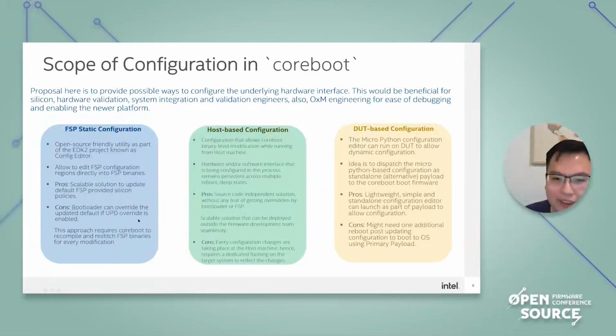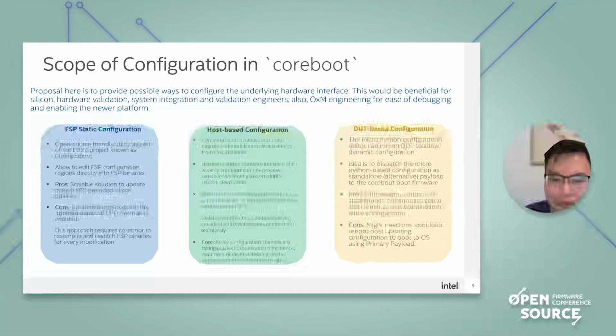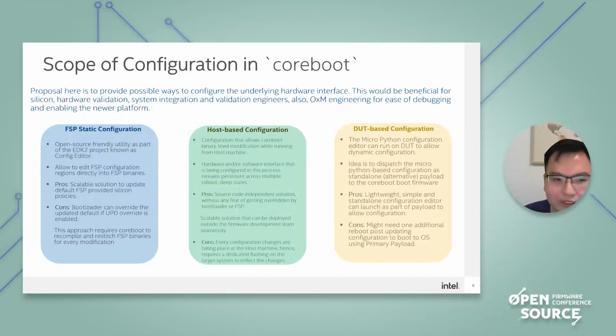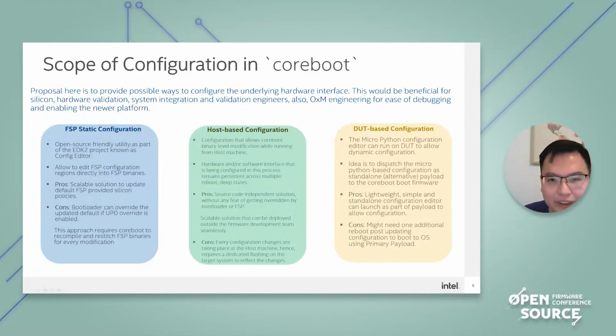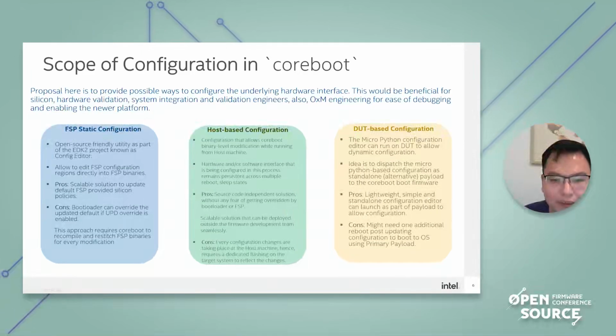So some customers could run into frustration: hey, why am I changing certain parameters, and I expect them to take effect, but they do not? Maybe some source code is overriding such configurations. Yep, so that concludes the FSP static configuration, and in the subsequent slides we also have some more details.